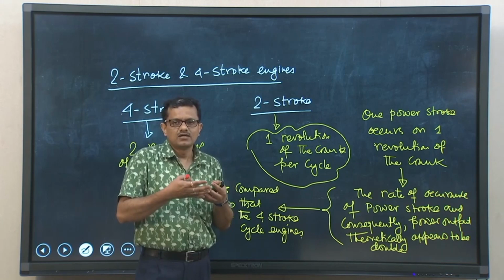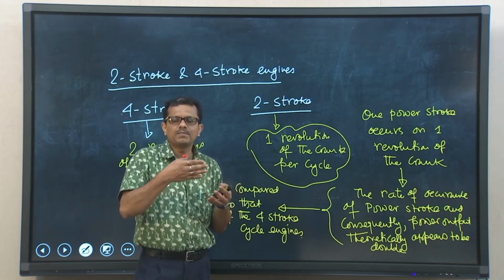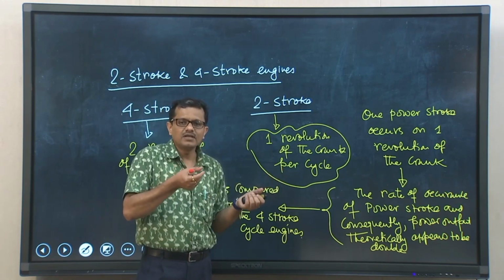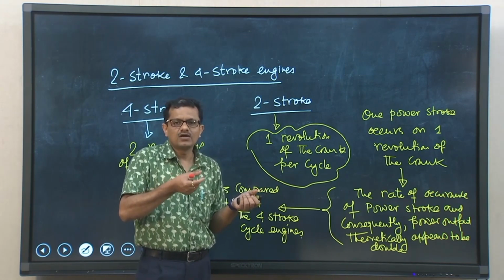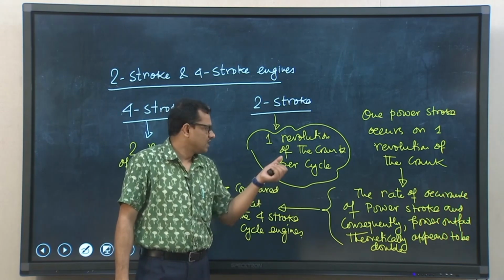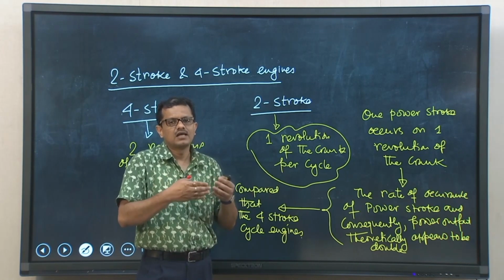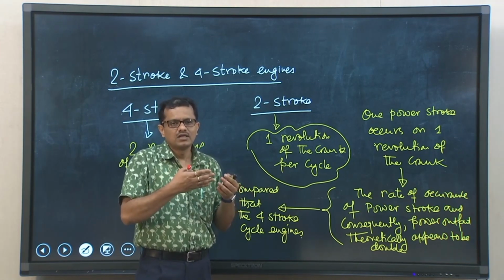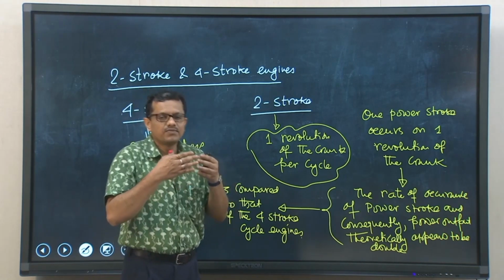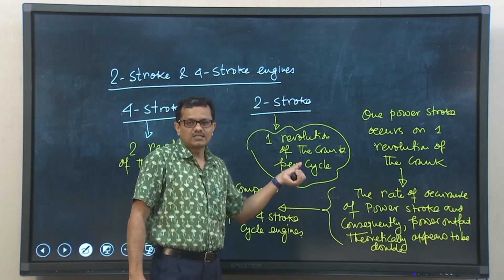So, when fresh charge is drawn into the cylinder by a suitable pressurizing system, the incoming fresh charge allows combustion products to go out from the cylinder. Now, that simultaneous intake and exhaust stroke leads to a loss of some fuel. So, we cannot eliminate that particular aspect.